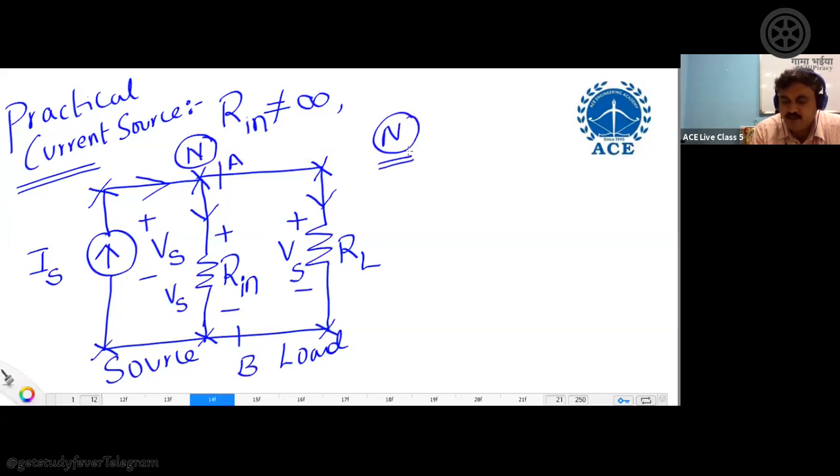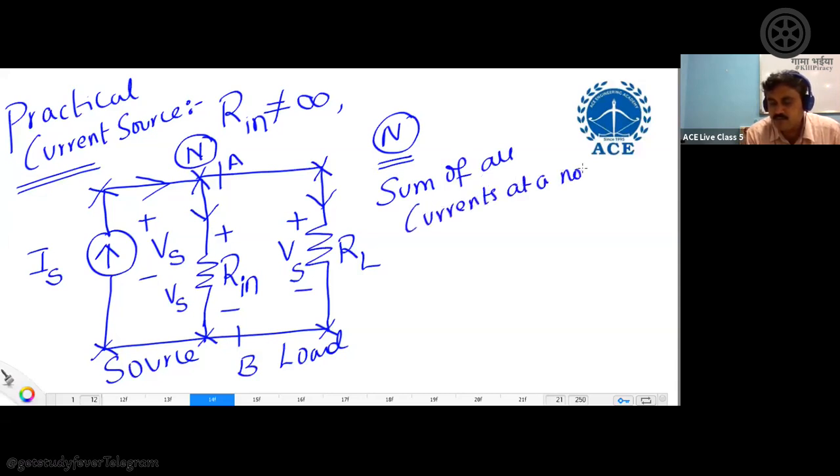Sum of all the currents at a node is equal to 0. Just like the sum of voltages in a closed mesh is equal to 0 for KVL, the sum of all the currents at a node is equal to 0 for KCL. So here we use KCL. For series circuits we use KVL, for parallel circuits we use KCL. Simple logic: nodal analysis and mesh analysis.